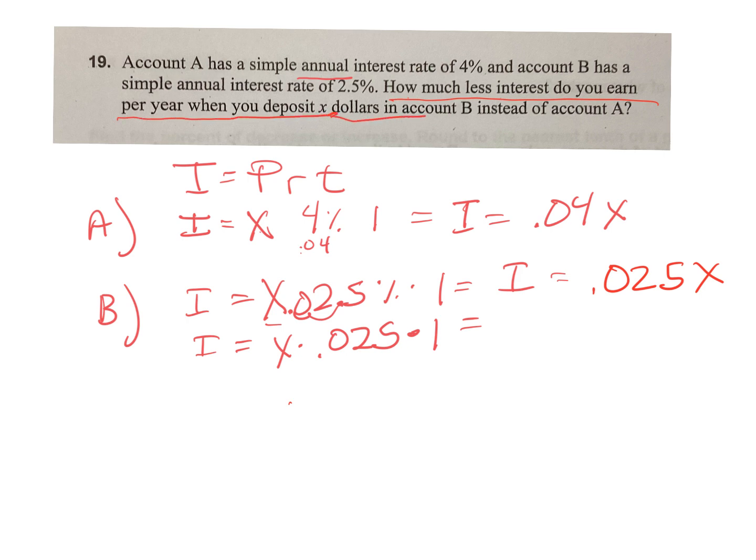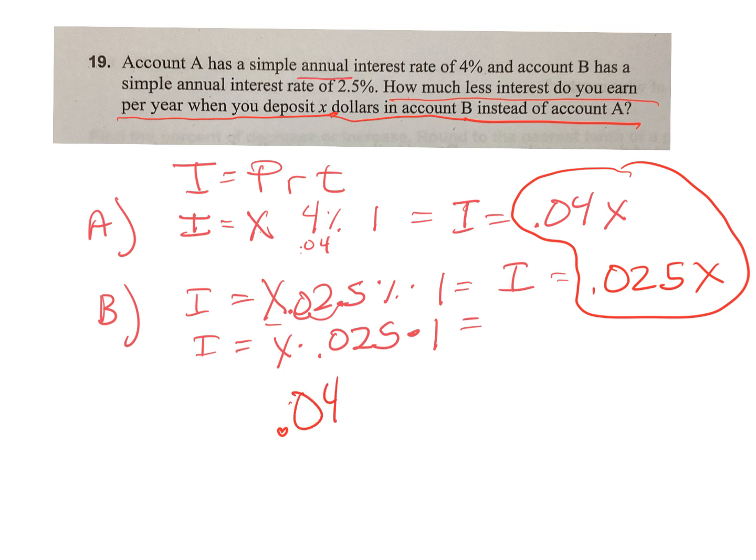So now, it says how much less interest do you earn per year when you deposit X dollars in account B than account A. So you're going to take the difference of these two. So it's 0.04x minus 0.025x. And when you do that, you get 0.015x.